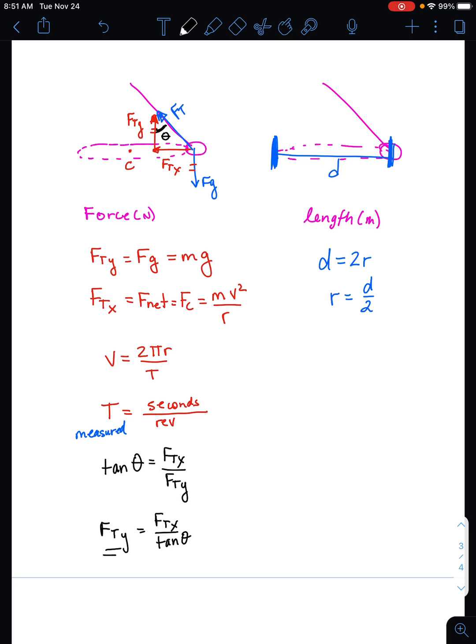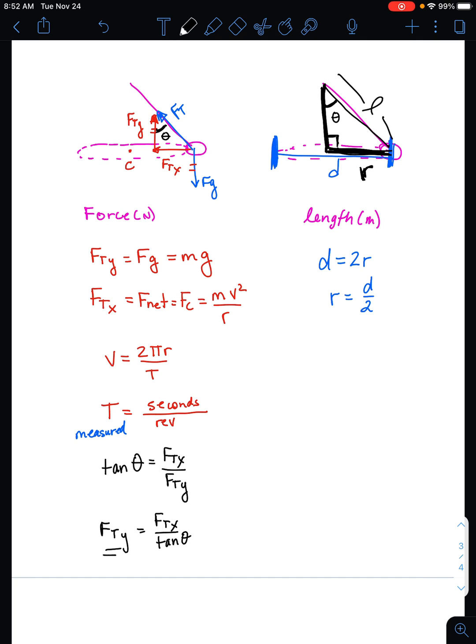I need to find that angle. That angle can be found because they gave us the length of the string, and we know what the radius of this circle right here is. Knowing the length and the radius, we're making a nice right triangle, where the radius of the circle r and the length of the string l can be used to calculate this angle theta.